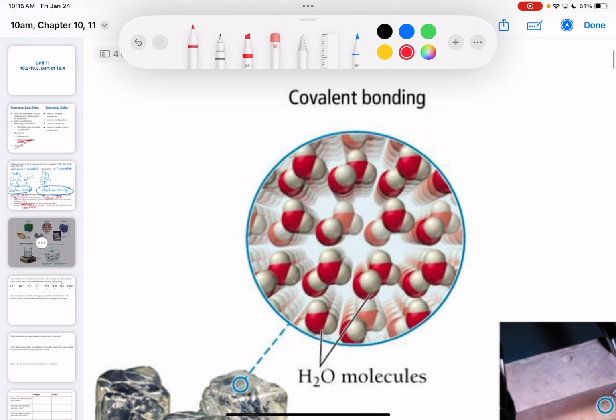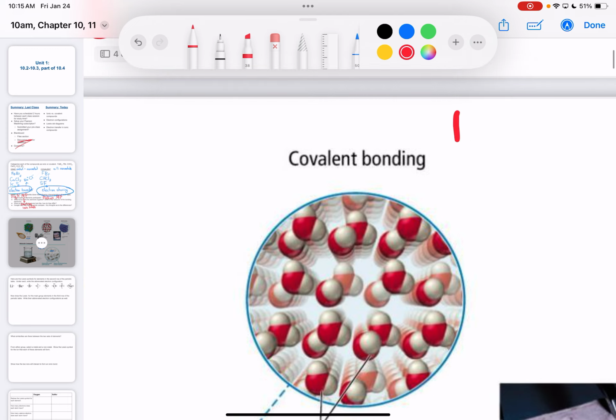When we melt ice, we are not breaking covalent bonds. So water in the gaseous form, it's still water. It still has those covalent bonds holding the hydrogen and oxygen together. It's simply because they form these little units, they have a different way of melting or boiling.